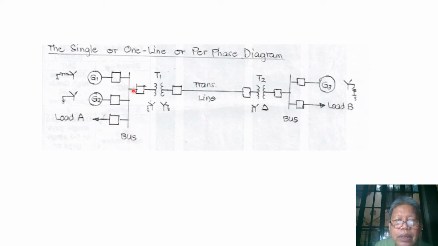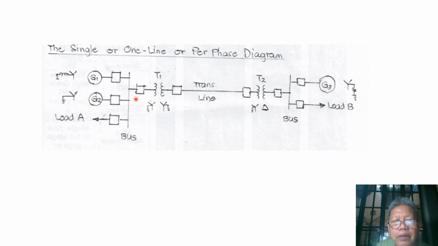Now, some of the power generated by the two generators is consumed by the load. Because we have already load A here, the power generated by G1 and G2 can be transported to other parts of the network.